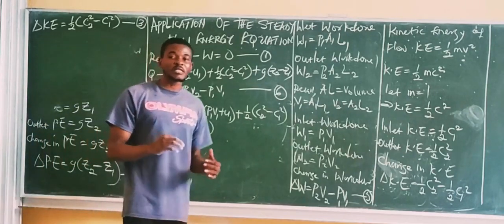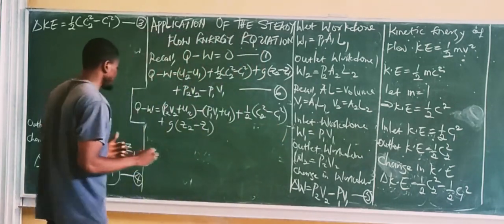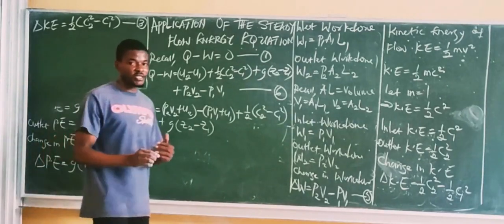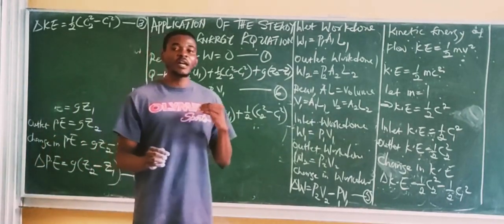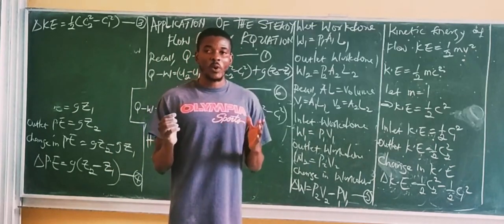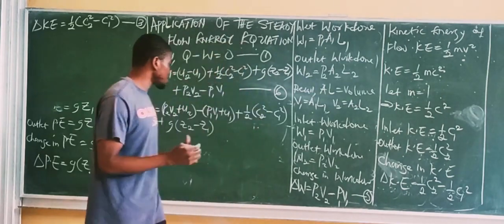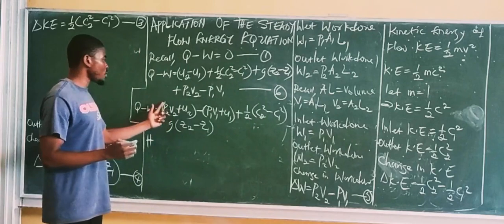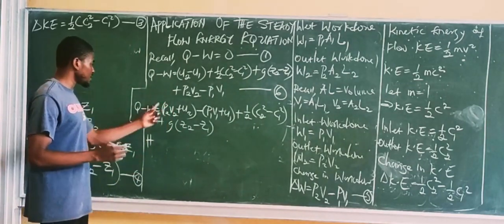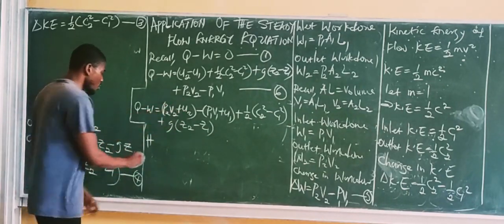Now in thermodynamics, there is such a thing called enthalpy. Enthalpy, for which we use the symbol H, is simply the summation of flow work and internal energy. When you add up the flow work with internal energy, you obtain enthalpy. P2V2 is the flow work at state 2, while U2 is the internal energy at state 2.